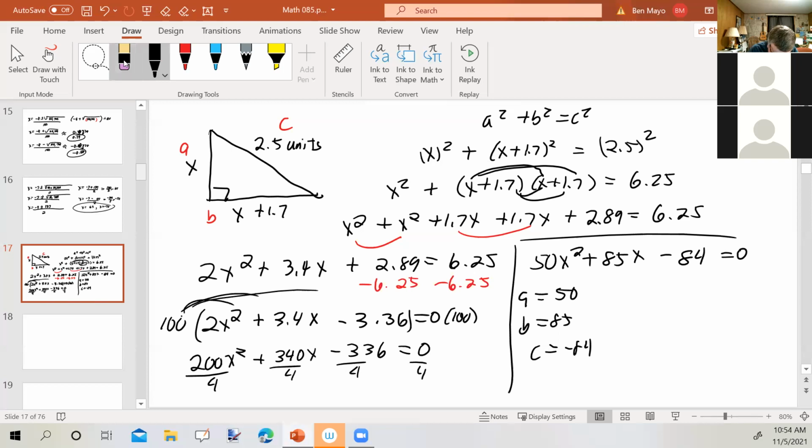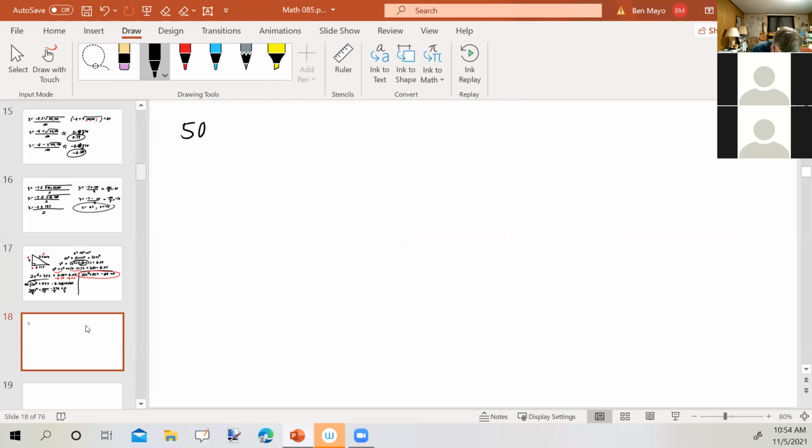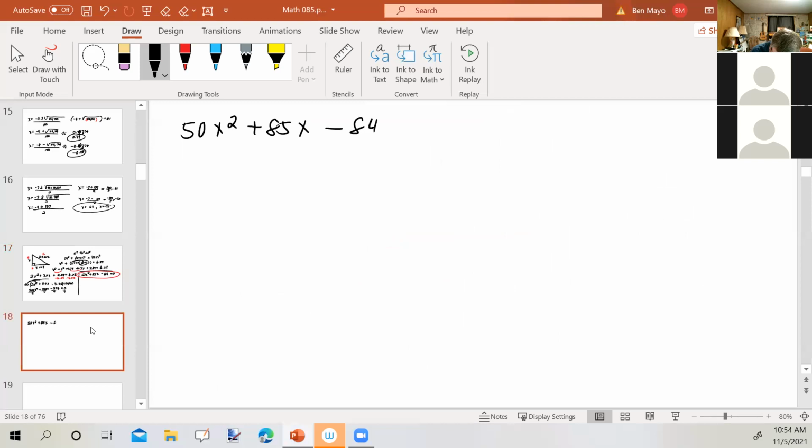You know what? I'm going to just take this and go to the next page and start over. So we've got 50x squared plus 85x minus 84 equals 0.